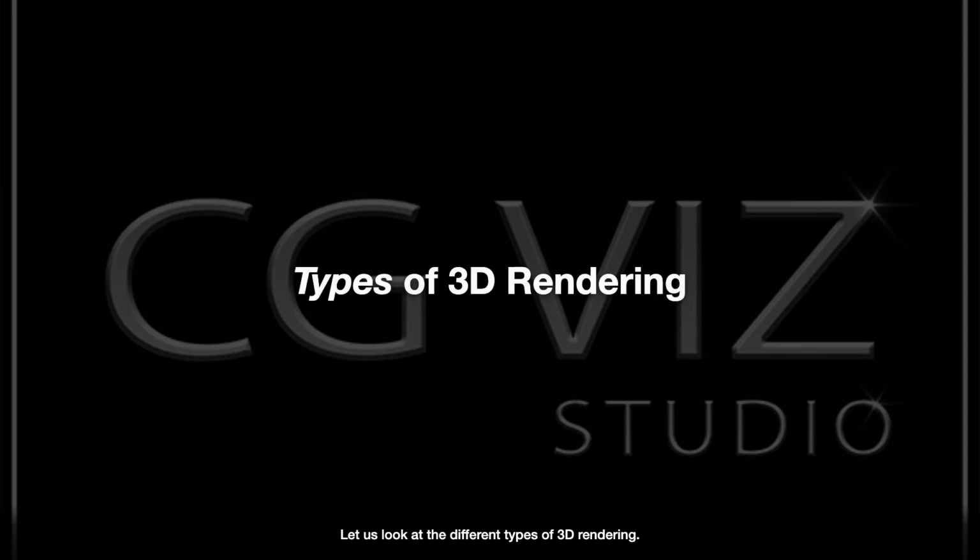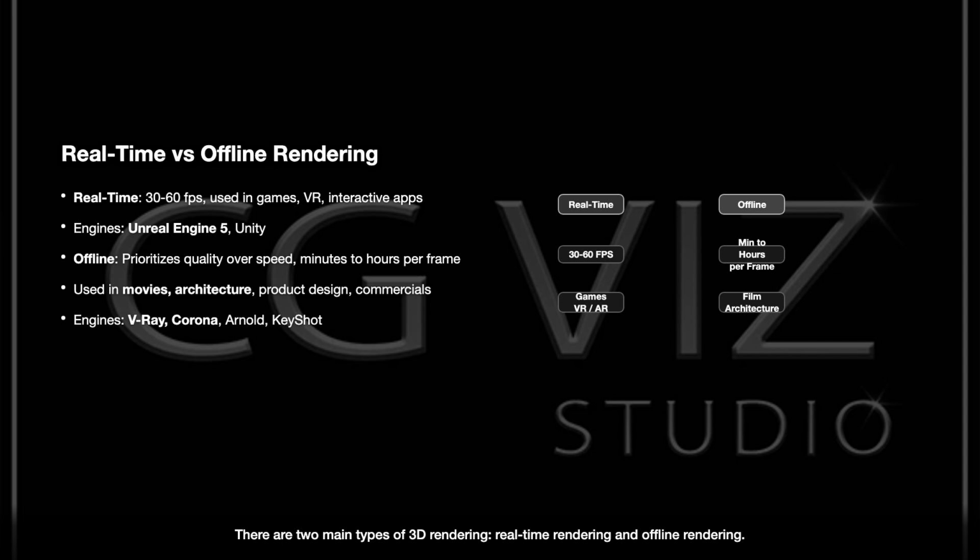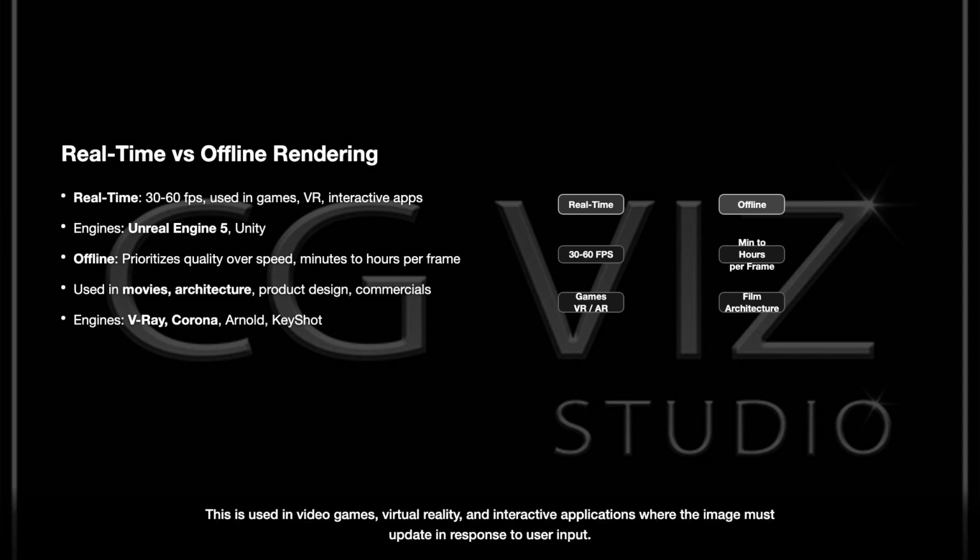Let us look at the different types of 3D rendering. There are two main types of 3D rendering: real-time rendering and offline rendering. Real-time rendering generates images instantly, typically at 30 to 60 frames per second. This is used in video games, virtual reality, and interactive applications where the image must update in response to user input.